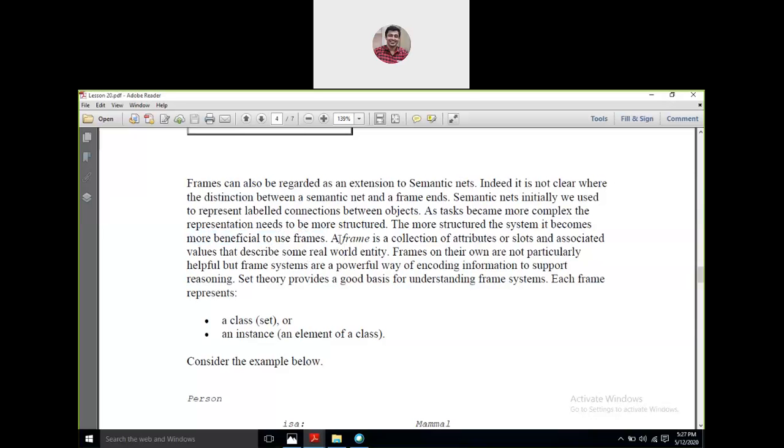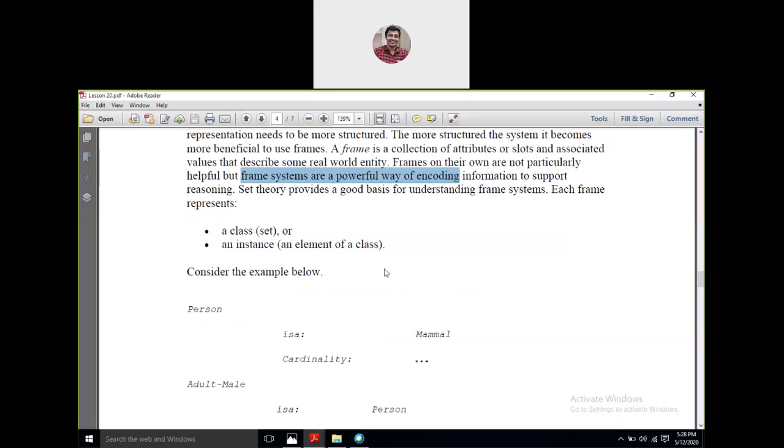So a frame is a collection of attributes or slots and associated values that describe some real world entity. The frames on their own are not particularly helpful, but the frame systems are a powerful way of encoding the information. Now IIT people have shown a very nice representation of the class and the instance structure.